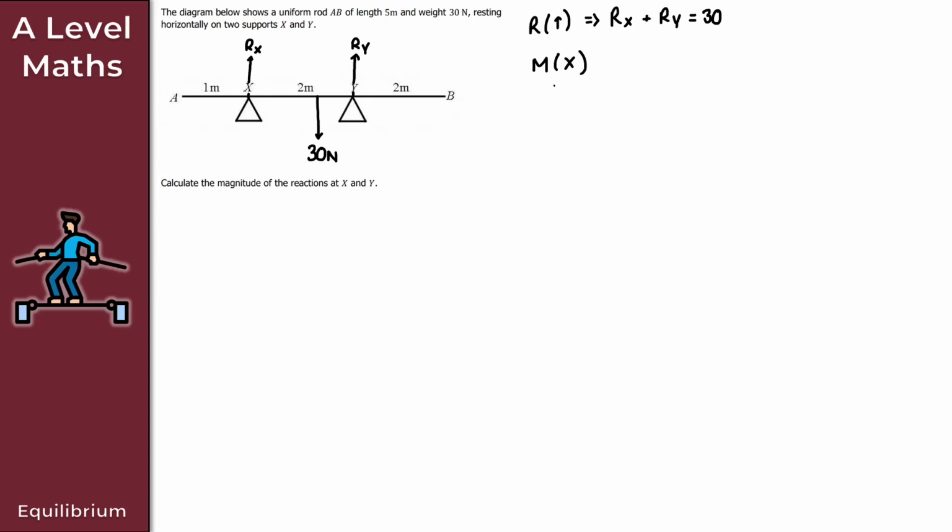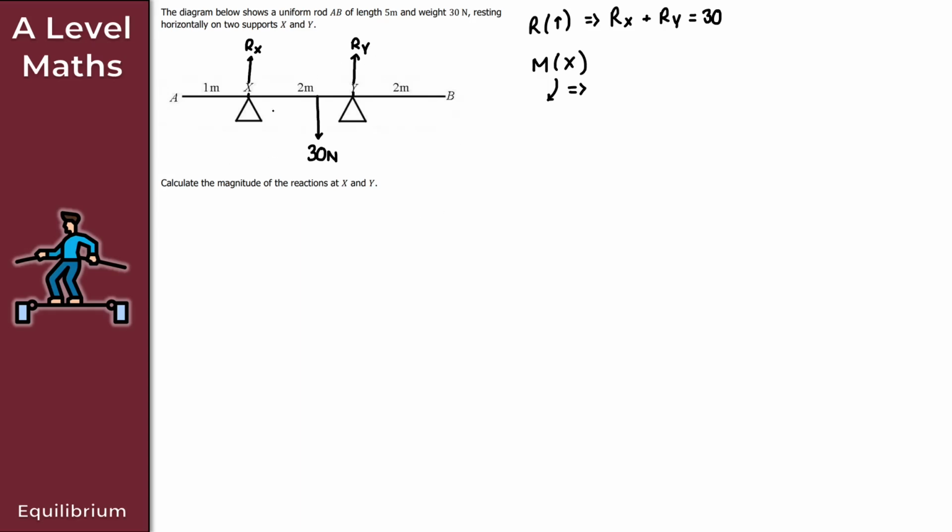So let's begin then with the clockwise moments here, which in this case is nice and straightforward because imagine you hold the rod here at X. I now need to consider what force here would produce a clockwise moment, which in this case here is just this force of 30 newtons acting downwards. If I was to push downwards and I'm holding the rod at X here, the rod would start to go clockwise.